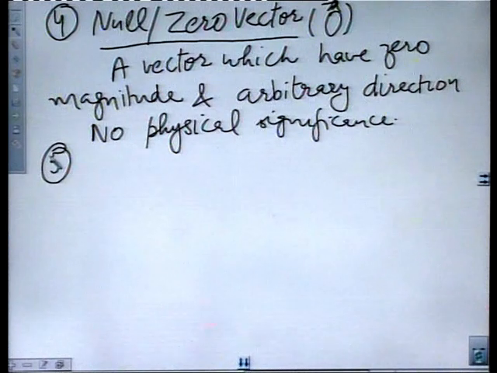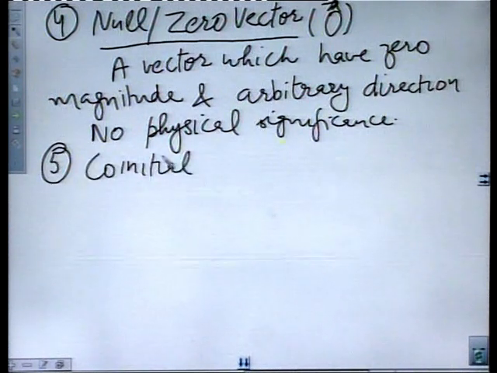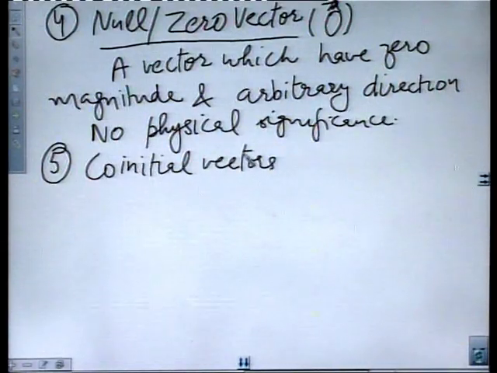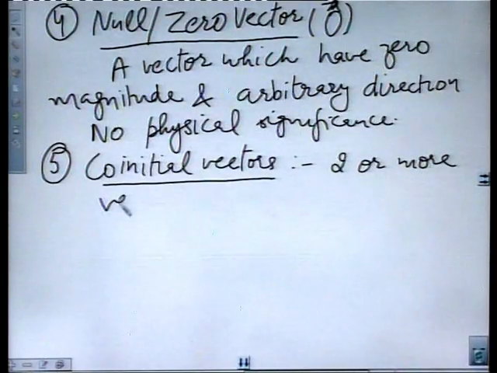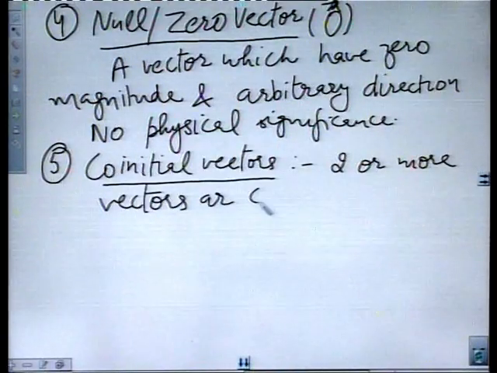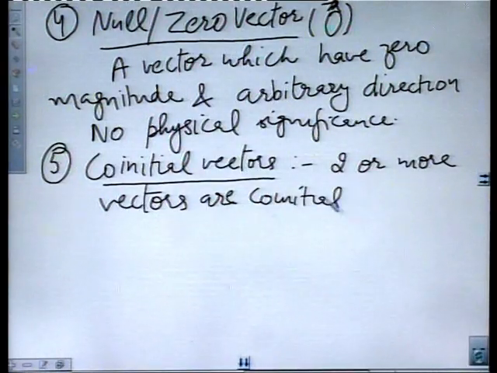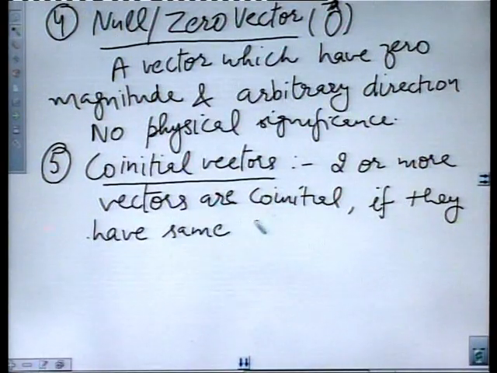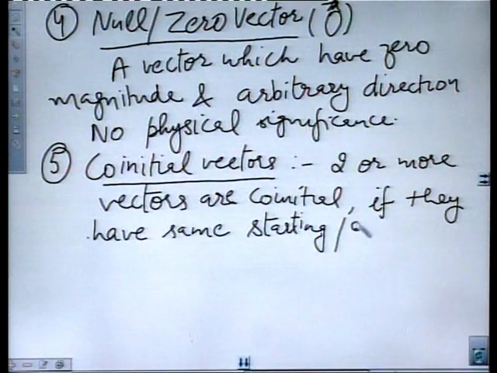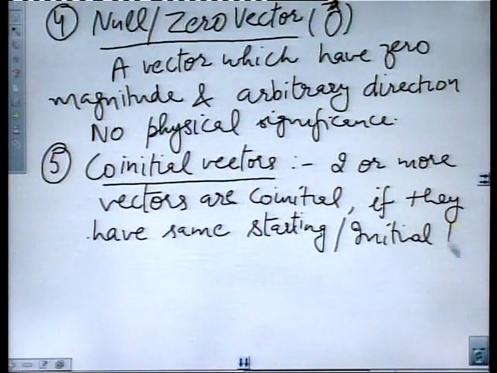Now the next is the co-initial vectors. Two or more vectors are said to be co-initial if they have the same starting or initial point.